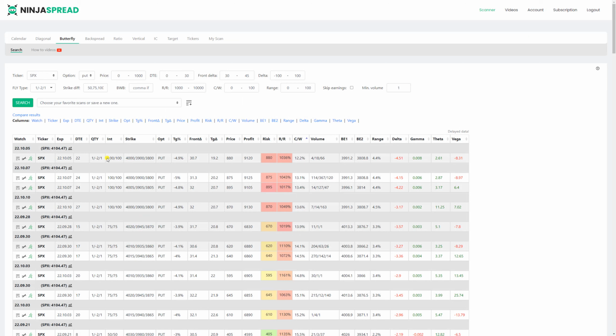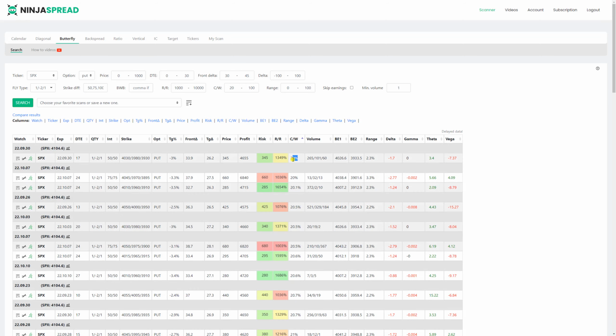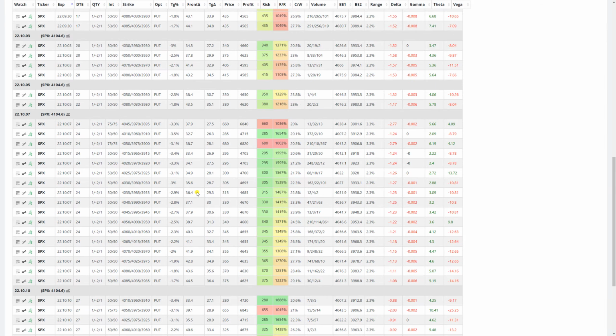So right now in this example, the width of the credit spread is 100, and I need to have at least 0 in this type of scan, CW, as the percentage of credit based on the width. So if I set 20, I'm looking for those type of butterflies where I get the minimum 20% credit based on the width of the credit spread embedded in the butterfly. I still get a lot of results.